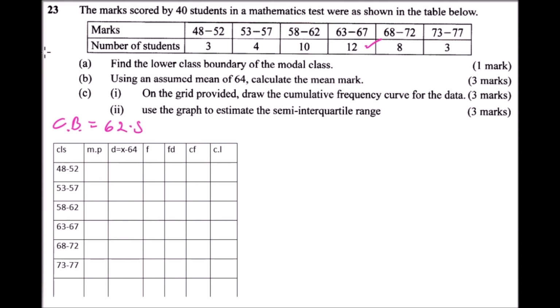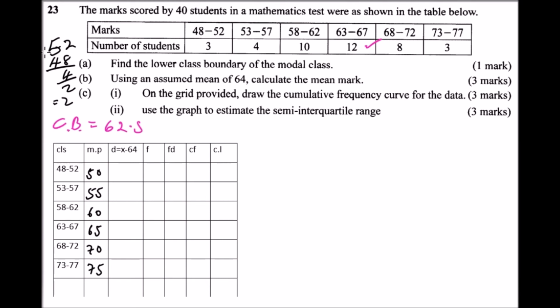For example, you have 52, you subtract 48, that should give you 4. You divide by 2, you get 2. So you add 2 to 48, and here you get 50. You add 5 each time: 55, 60, 65, 70, 75.